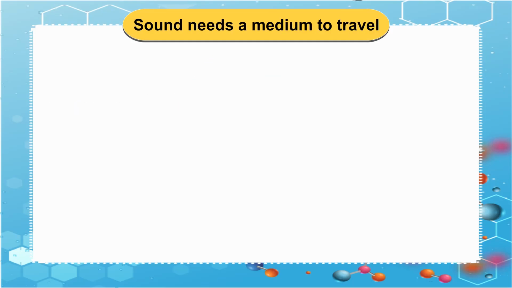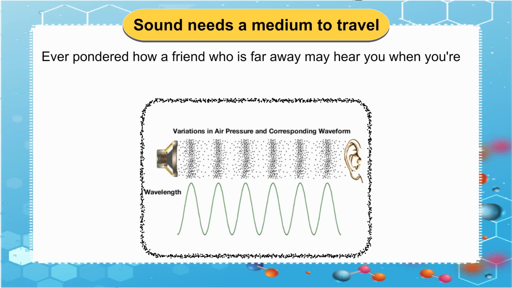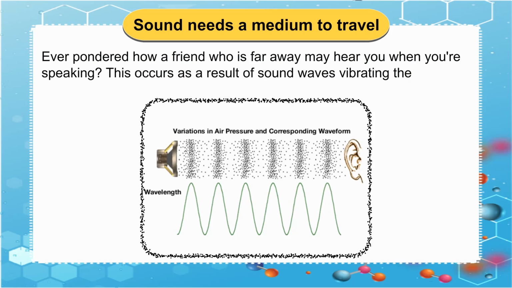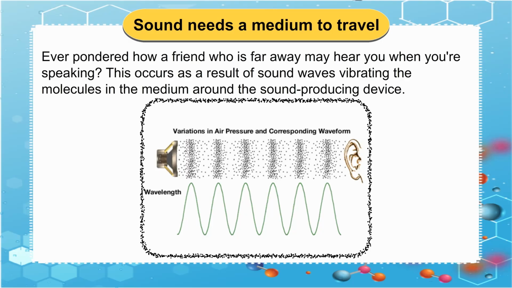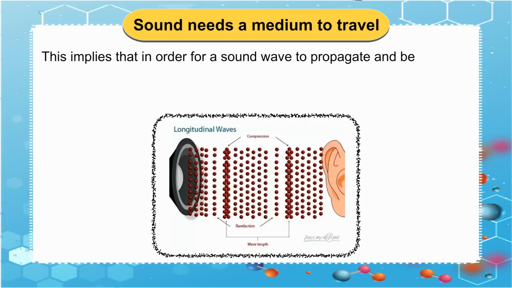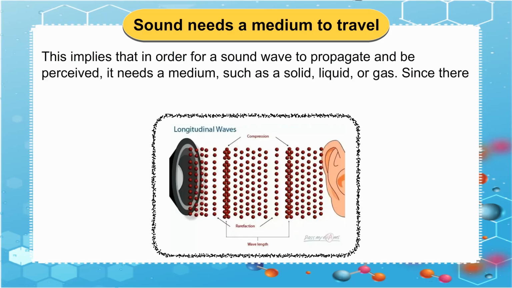Sound needs a medium to travel. Ever pondered how a friend who is far away may hear you when you're speaking? This occurs as a result of sound waves vibrating the molecules in the medium around the sound producing device. This implies that in order for a sound wave to propagate and be perceived, it needs a medium, such as a solid, liquid, or gas.